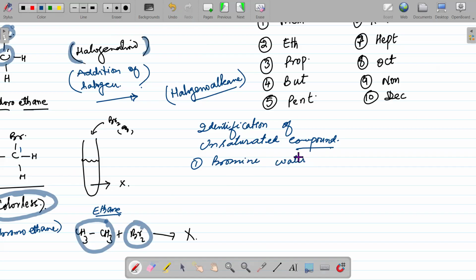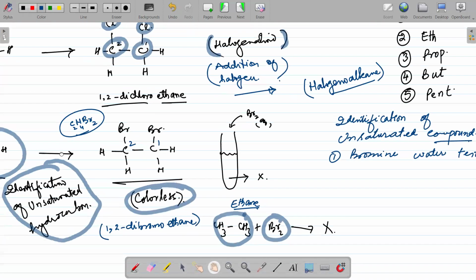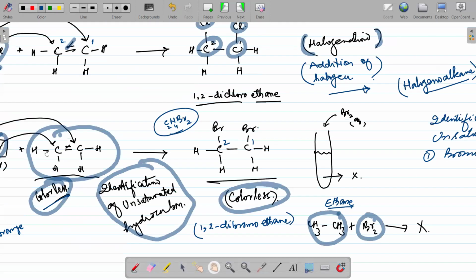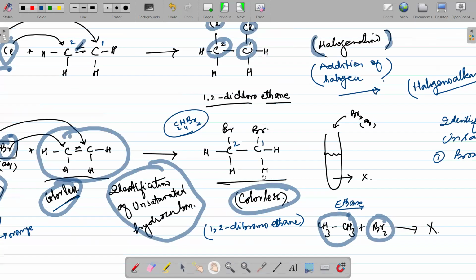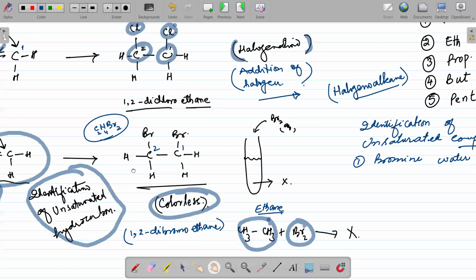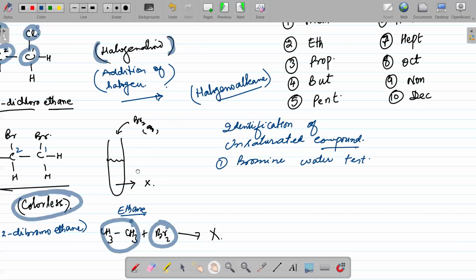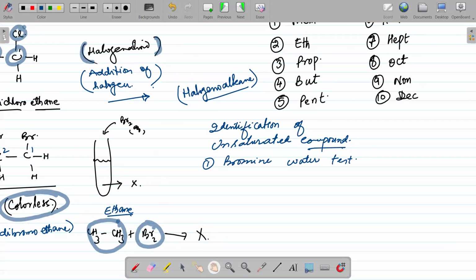The reaction of an alkene with aqueous bromine, we call this test the bromine water test, because the color will disappear. So that gives a positive indication of an unsaturated compound.